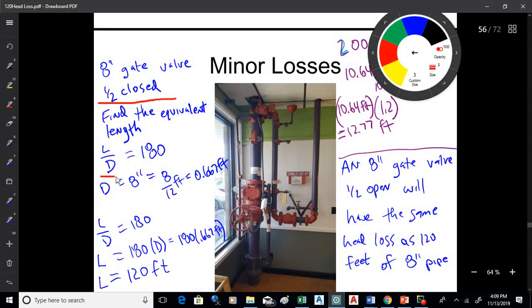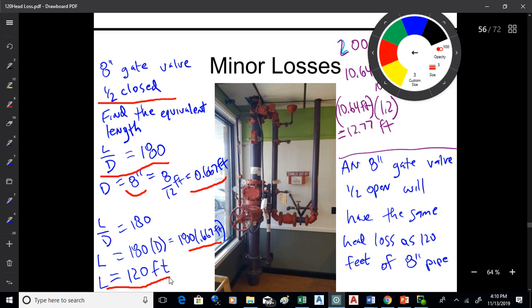So L over D is 180. If I multiply both sides of that equation by D, I'll get the L that I need. So if L over D is 180, that means L is 180 times D. Now D is the diameter of the pipe. It's 8-inch, but we want to get that into feet, so we divide it by 12 and get 0.667 feet. If we multiply 180 by the D of 0.667, we get the equivalent length of a half open gate valve.